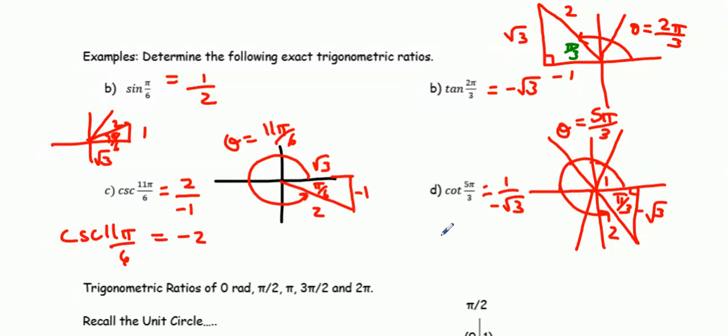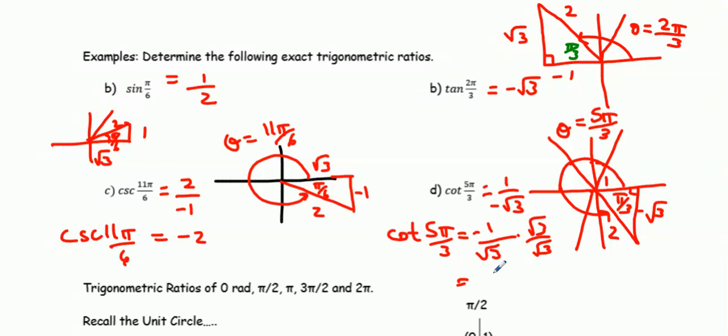And I need to rationalize the denominator here, so I'm going to say the cotan of 5 pi by 3 is equal to 1 times, you can put the negative 1 in the top, root 3 times root 3 over root 3. Just put the negative in the top so you're not thinking about including it here.